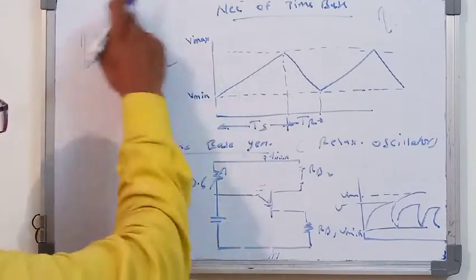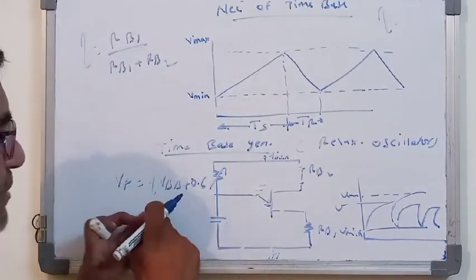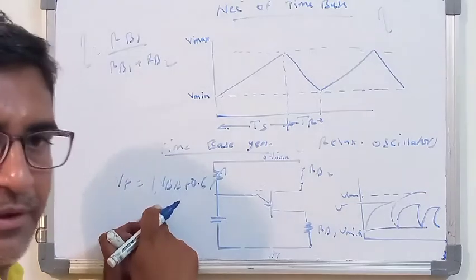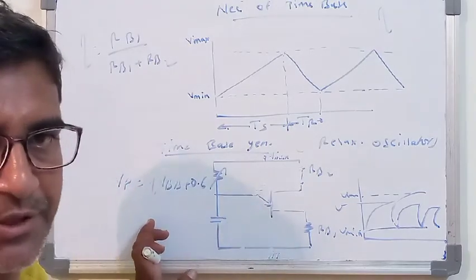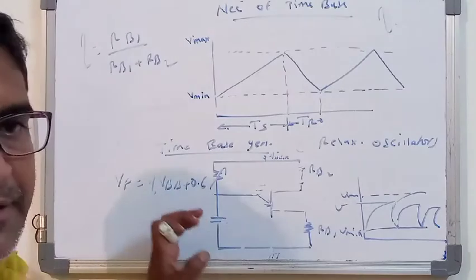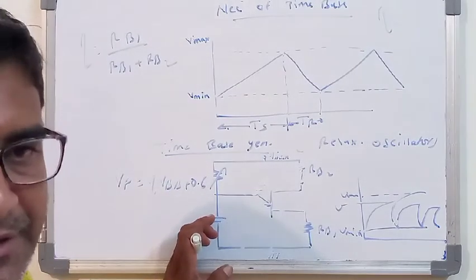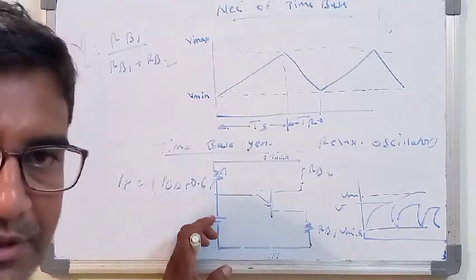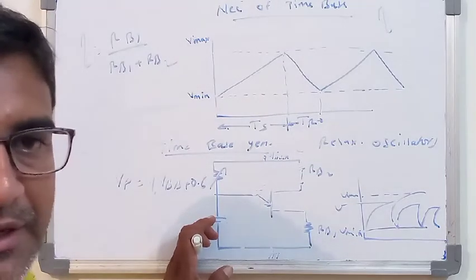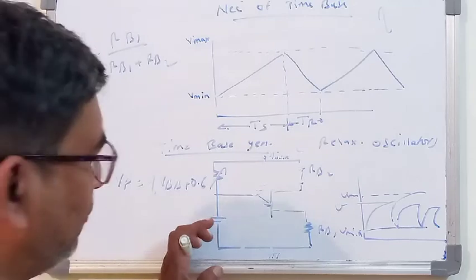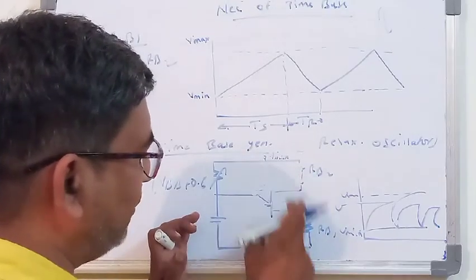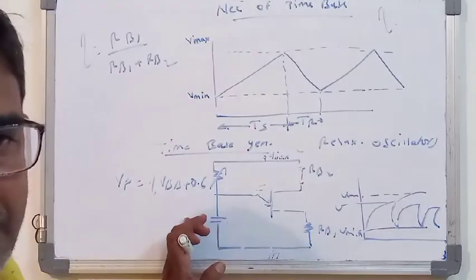When the UJT is turned on, the capacitor discharges. As soon as it discharges, the UJT provides a low resistance path through the emitter and the bases.